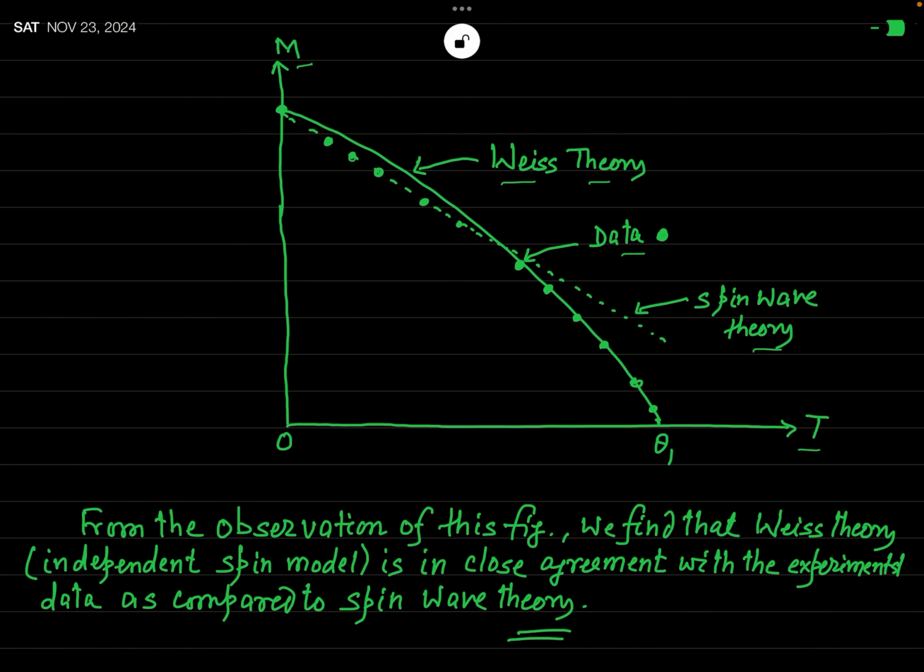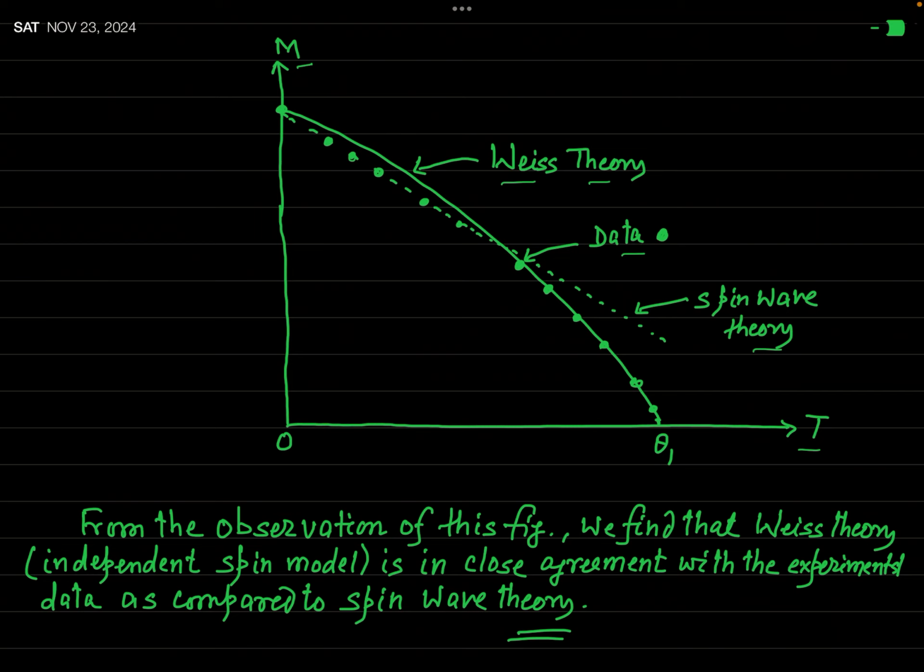At higher temperature, the curve due to spin wave theory deviates from the experimental curve. But even at higher temperature, the curve for Weiss theory, which is a full line curve, actually matches with the experimental curve.